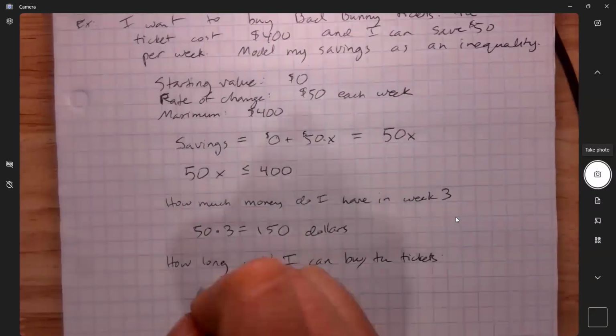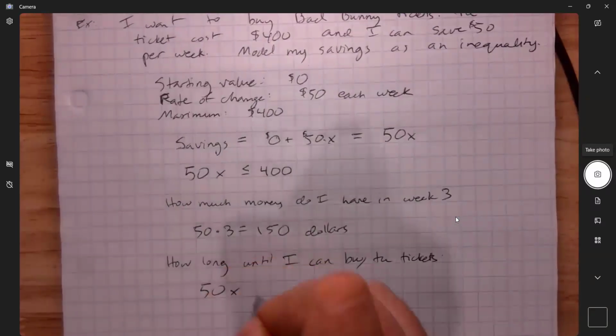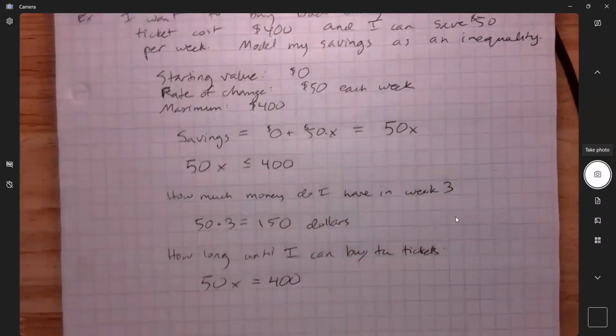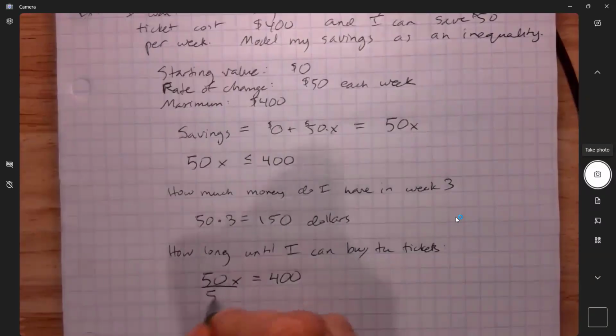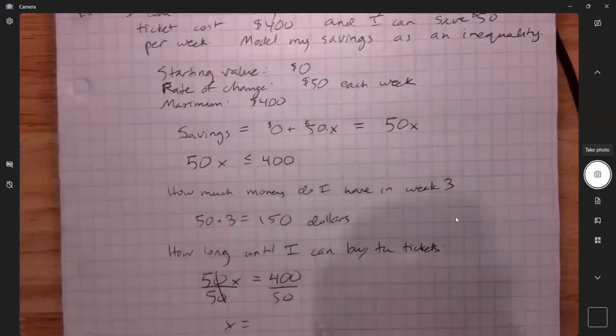That would say I want to find out the number of weeks until I get to $400. And I'll divide both sides by 50 to isolate the number of weeks, and I get x equals, I believe it's 8 weeks.